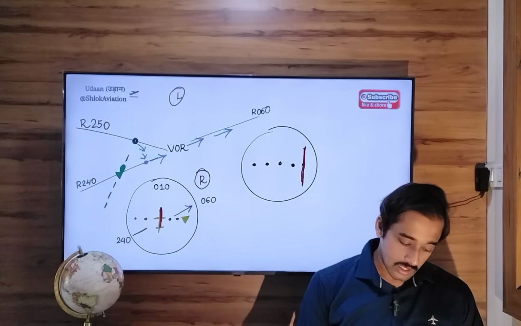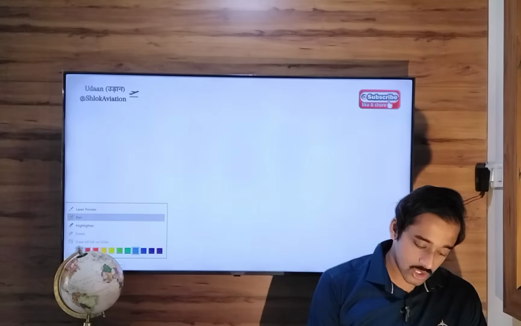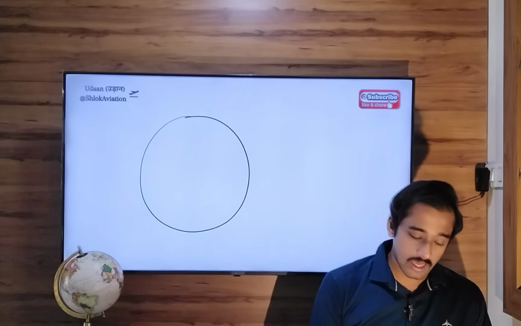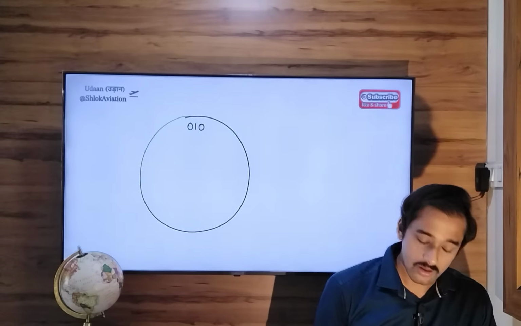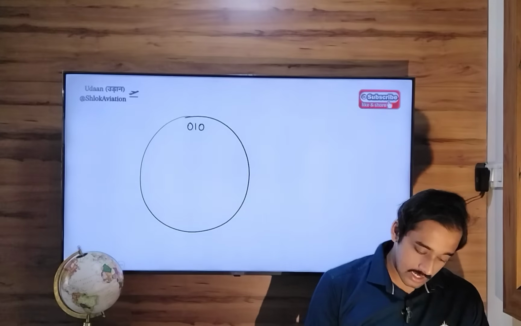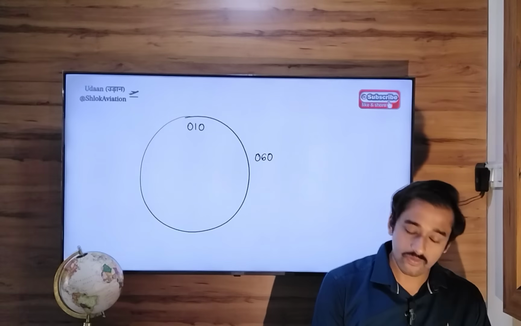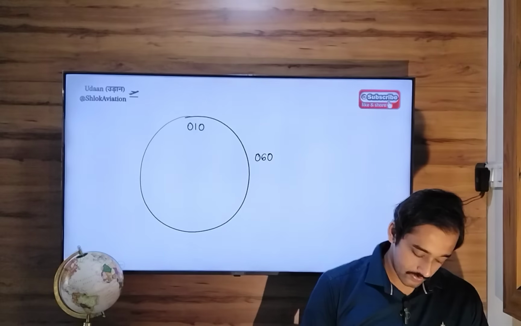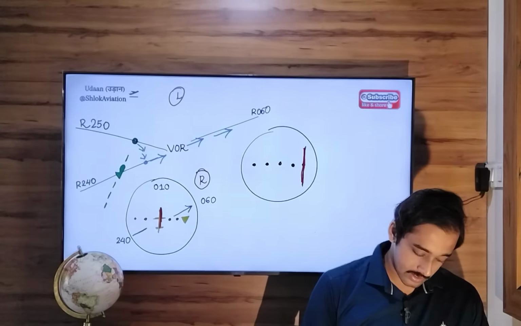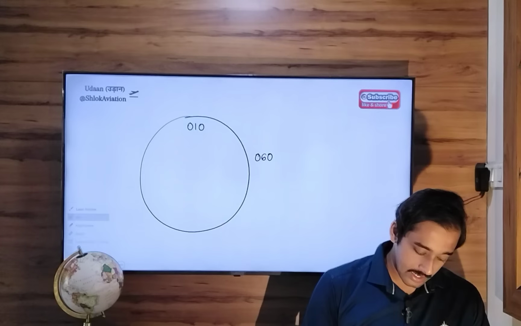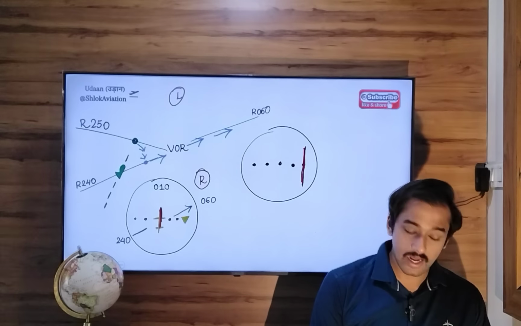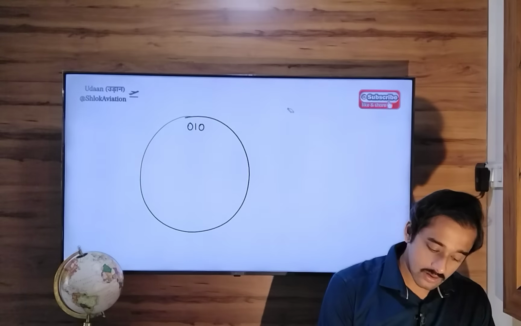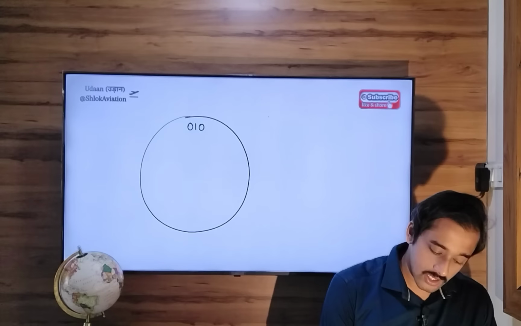So finally your RMI should be like this. It should display a heading of 010. The course selected is 060. Correction: now you are on radial 250, so QDR is 250.